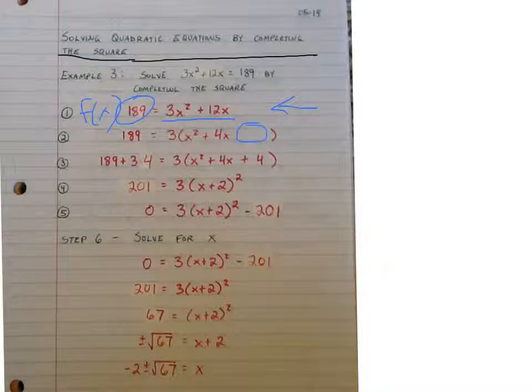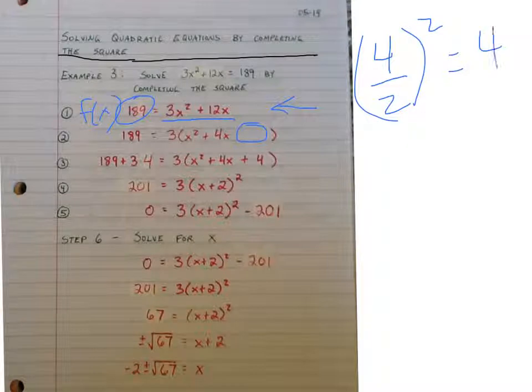Step 3, we completed the square, and in completing the square, 4 divided by 2 squared is equal to 4. So that's the number that we're going to add to both sides. And it adds right here, and because we added 3 times 4 to the right side, we need to add 3 times 4 to the left side.